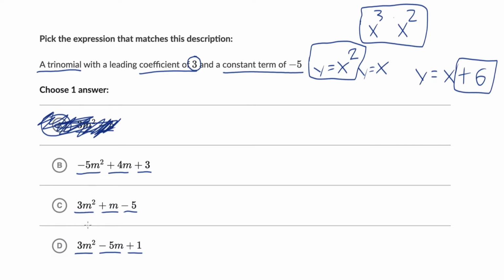Now, if these are ordered correctly, which I'll show you how to order polynomials correctly in standard form, the first number is 3, okay? That's the leading coefficient. So, obviously, C could definitely be a possible answer, and D could be an answer because their leading coefficients are 3. For B, the leading coefficient is a -5, okay? So that's obviously a no-go. We can cross that out, and we know that's definitely not the answer.